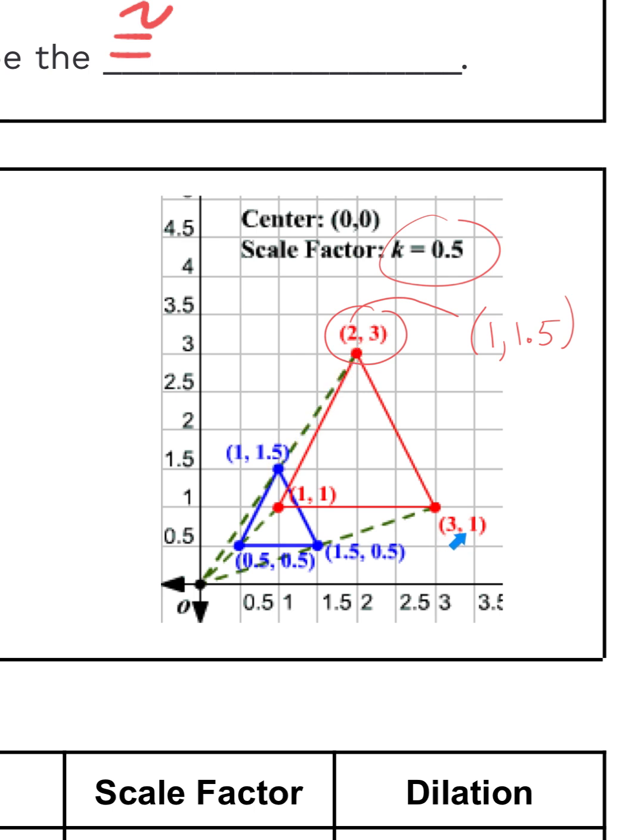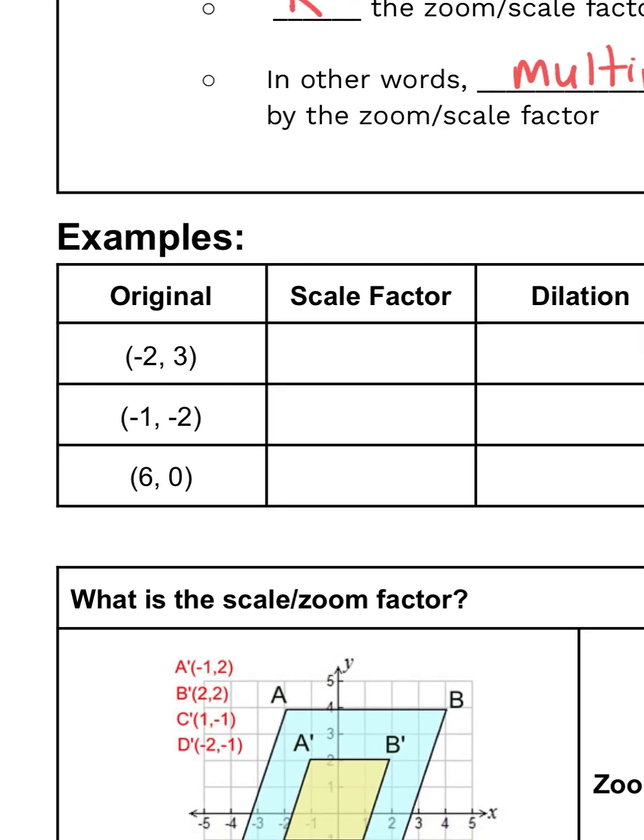Same thing here. If I take half of 3, I get 1.5. If I take half of 1, I get 0.5. So I'm taking each of my original points and I'm multiplying both the x and the y by the scale factor k to get my new point. Let's practice here. Let's say my scale factor is 0.5.